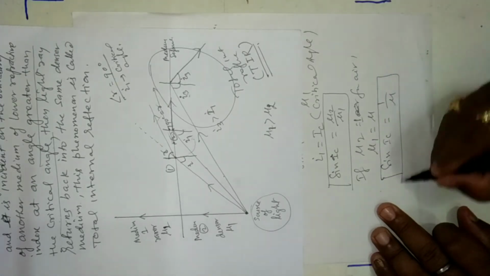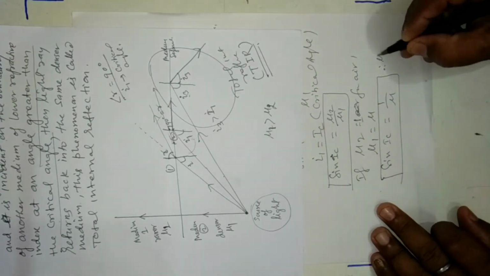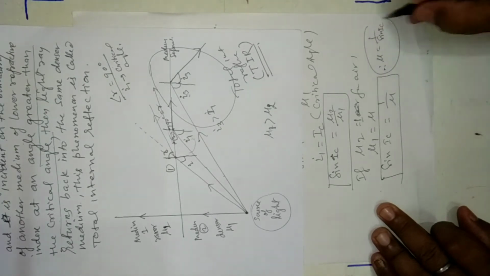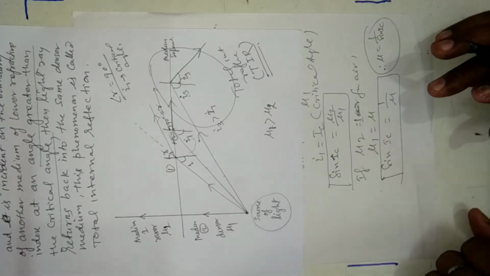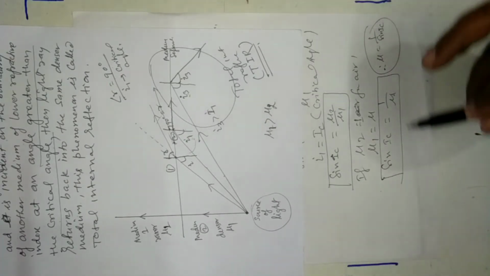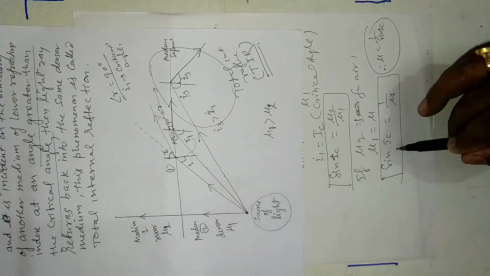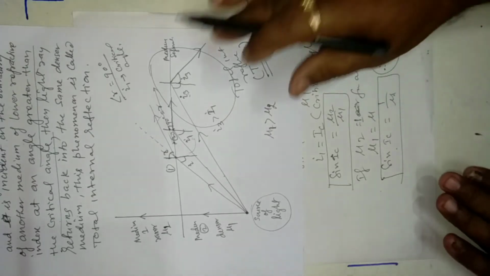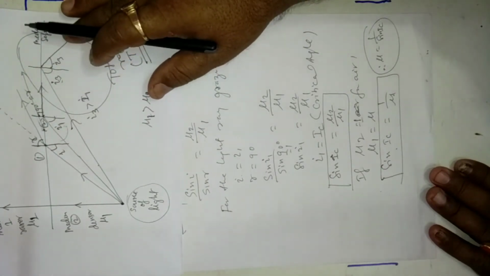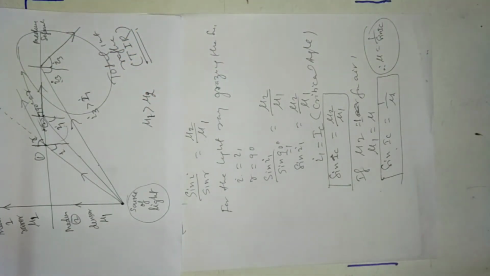We can use this formula also, and therefore mu is equal to 1 by sin IC. So this is the relationship between the refractive index of the denser medium and the critical angle.